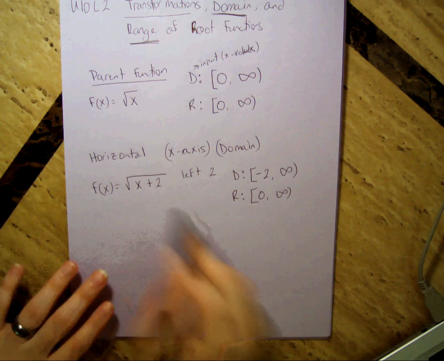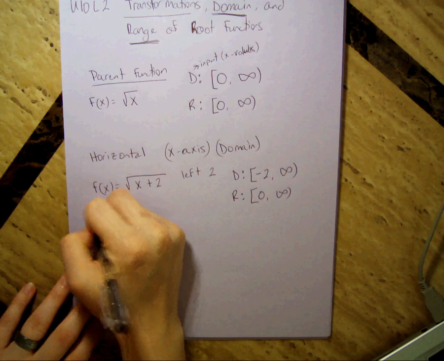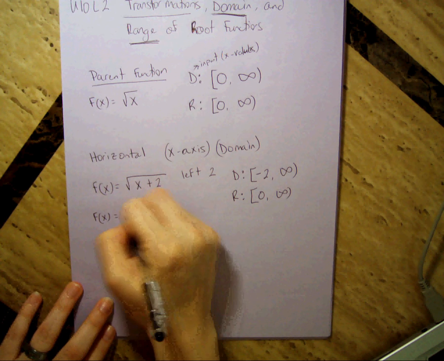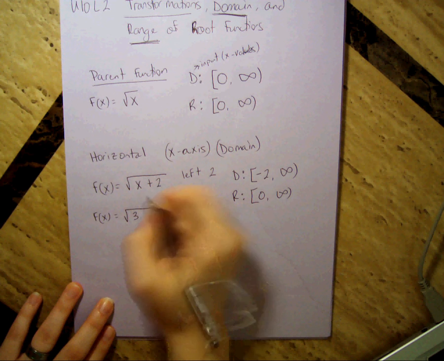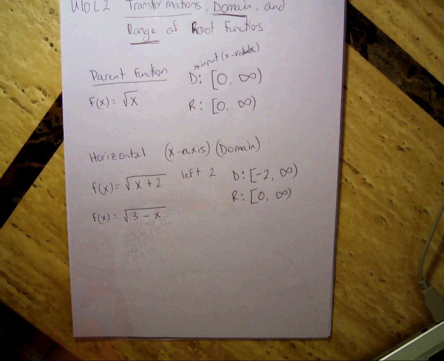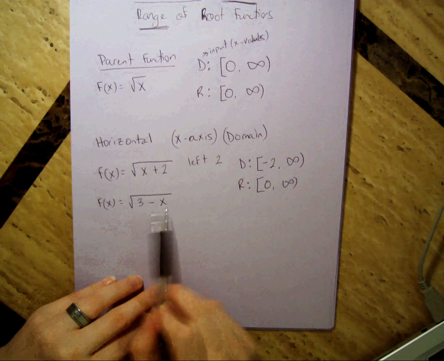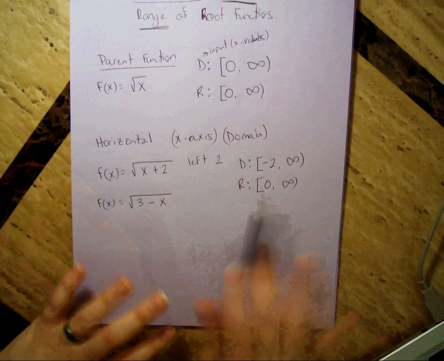Alright, and we've got to kind of be careful about this, because what if we had square root of, let's say, 3 minus x. We're going to do it like that. So now notice that the order of these is switched. So it kind of works a little bit differently, but an easy way to figure it out.